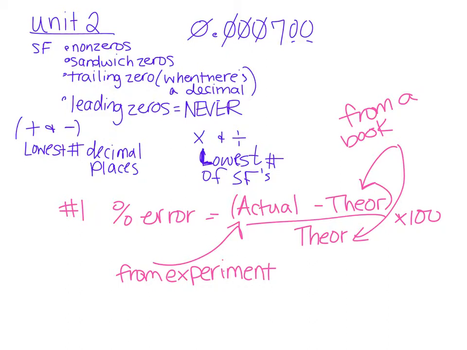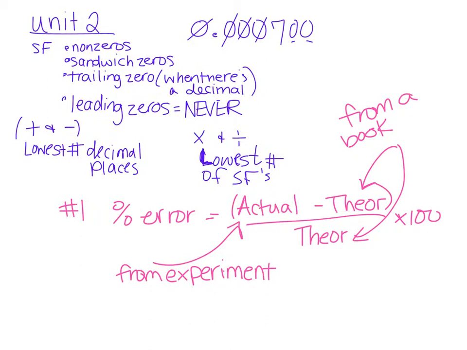Okay, on your number 1 in your packet, so for unit 2, number 1. If you read it, it says a student calculates the density of iron as 8.09 grams per centimeter. That doesn't mean it's a theoretical value. He measured stuff and did it. So what I want you to do is cross out the word calculates there and replace it with the word finds.